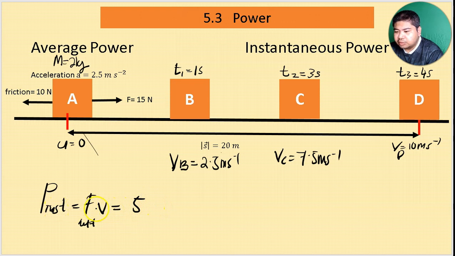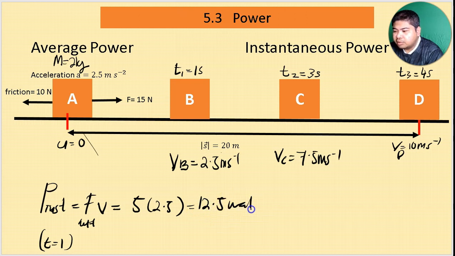So let's say you want to find the instantaneous power at t equals 1 second. You're going to substitute the velocity of the block at 1 second, which is 2.5. So you're going to get 12.5 watts.